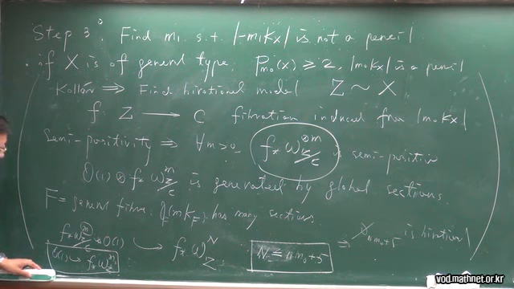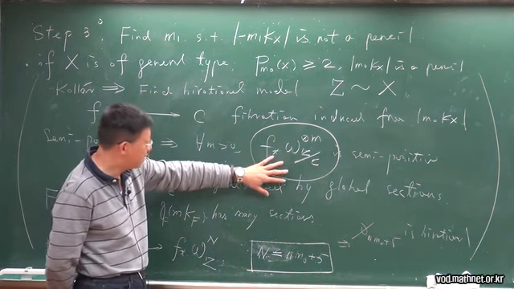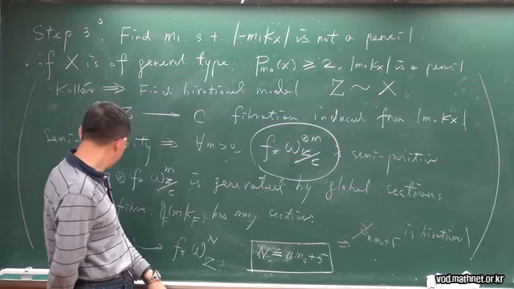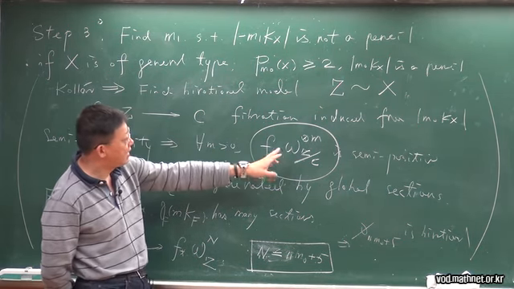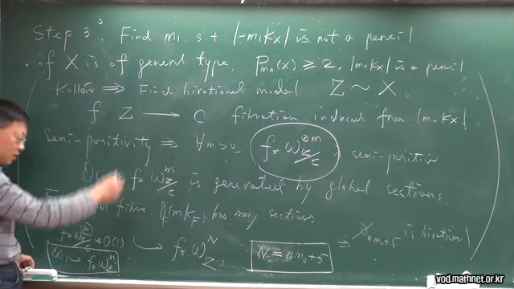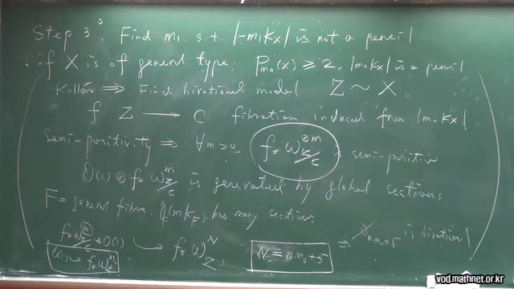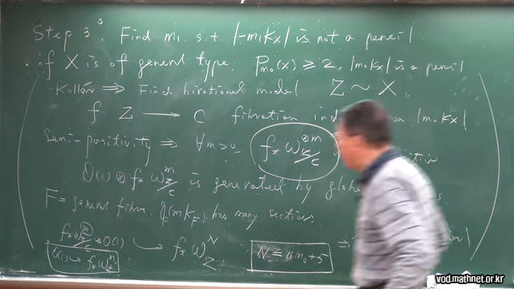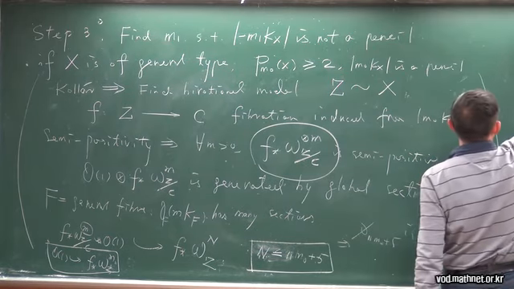On the other hand, this method doesn't work also because in the Fano case, minus K is not a birational invariant, so you cannot use this method. In reality, what our method is should depend on whether it's Q-Fano or weak Q-Fano.